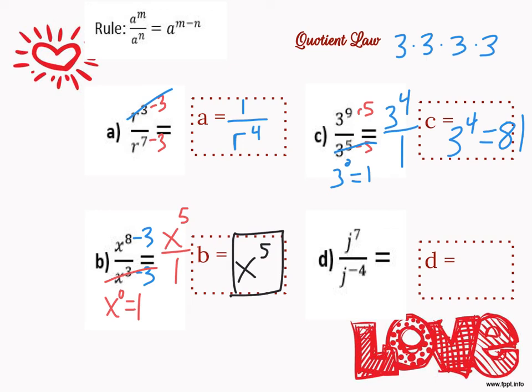Okay, last one. So looking at D, again we have the same base, but our exponents, one is negative and one is positive. So our smaller exponent is the negative exponent, the one that's more negative. So negative 4 is the smaller one, but in order to cancel out negative 4, I cannot subtract negative 4.